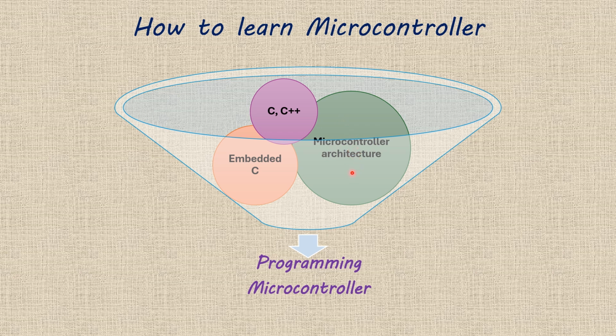To write efficient code, you need to understand how the microcontroller works internally. These include understanding its processor, memory, peripherals, and instruction set. Knowing the architecture helps you write code that makes the best use of the microcontroller's resources, optimizing performance and ensuring stability in your project.